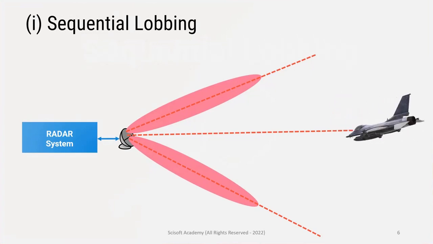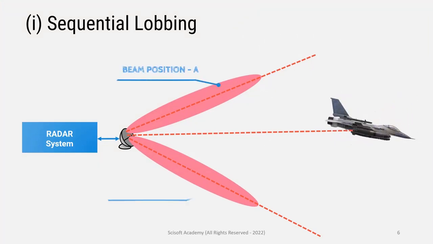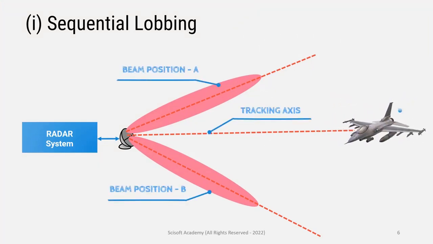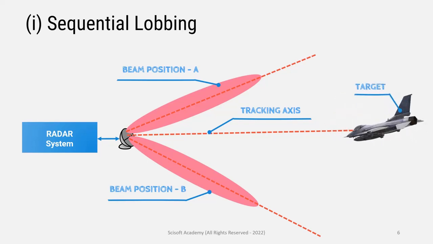In sequential lobing, basically we'll be having two beams, which are going to help us to identify the target by keeping the target axis in the middle of the beams. Of course, there are some problems with sequential lobing, and there are some applications also where we can use this.